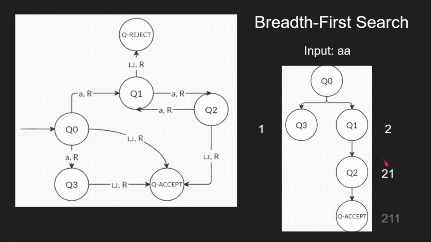We add digits based on which number decisions we took to get to each node. So for this node we make decision 2 and then decision 1. It doesn't matter if there is only one decision, this will count it as 1. So then this node's location is 2 1. We understand the numbering of locations, and we understand that our machine is going to search through these nodes in breadth first search order.